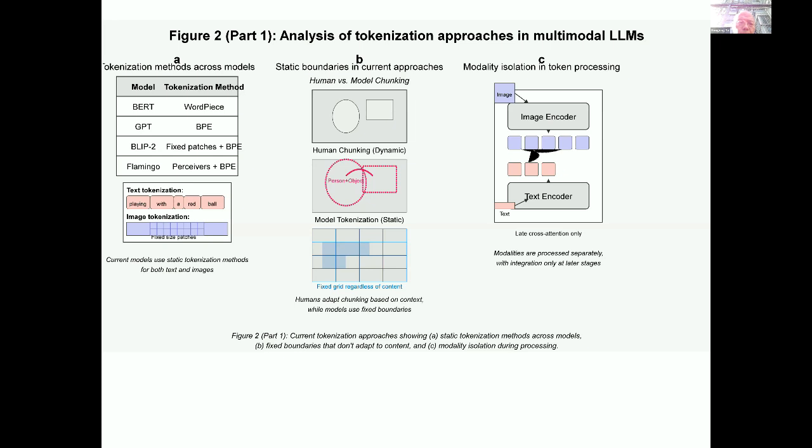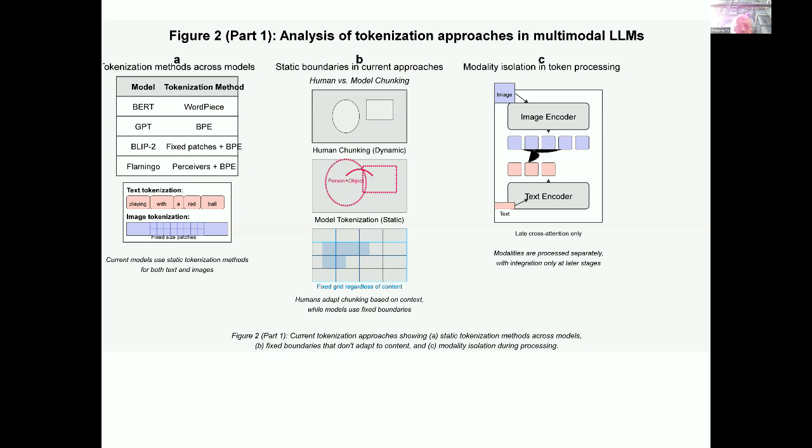So for this whole figure, I have six sub-figures. It's all about the tokenization methods across models. I don't think I have enough time to describe it one by one, so I just show it from the slide.